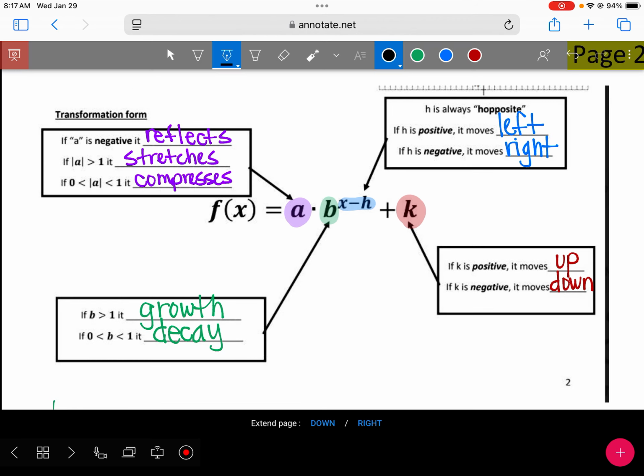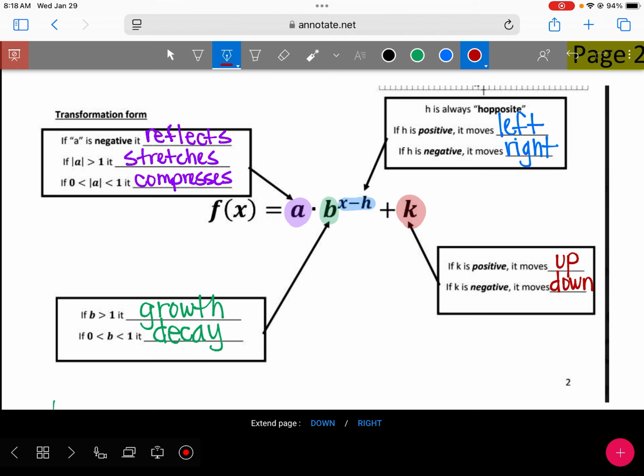But no matter what kind of function it is, A, H, and K will never change. A is going to be the number in front of the base. It's going to reflect it when it's negative, stretch it when it's bigger than 1, compress it when it's between 0 and 1.